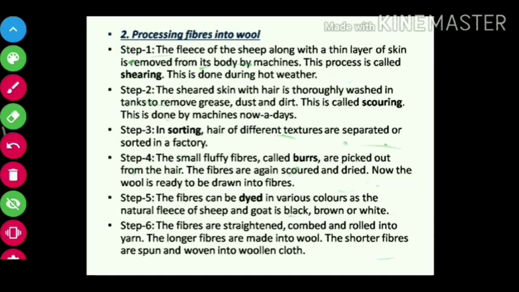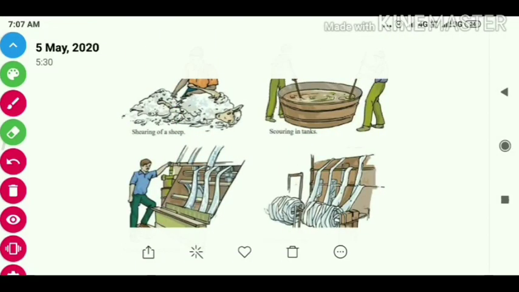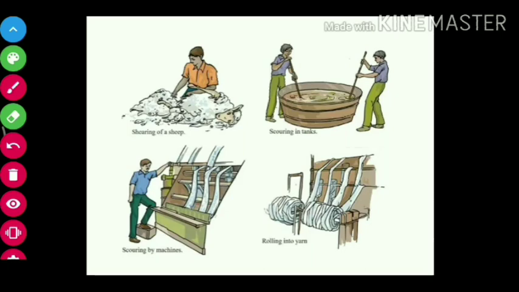The shorter fibers are made into woolen cloth, and the longer fibers are wool. So this is about the process of making wool.